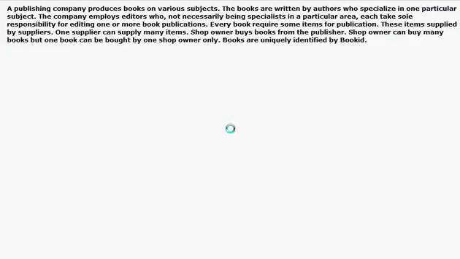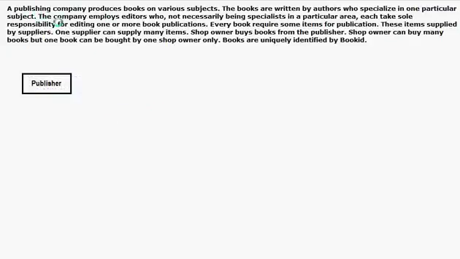From this line we have three pieces of information. One is that we have a publishing company, so we will simply make one rectangle and write publisher.